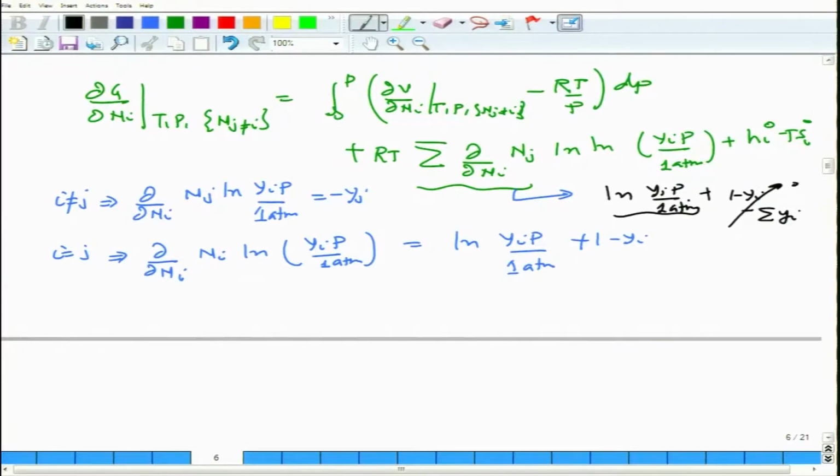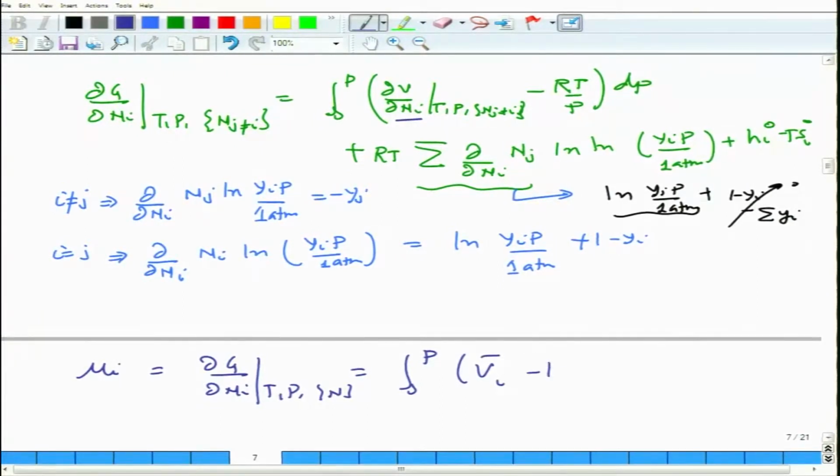So, what remains is this. Thus we have an expression for mu i equal to del G by del Ni at T, P, which is the integral from 0 to P of the partial molar volume minus RT by P dP, plus RT ln YiP by 1 atmosphere, plus Hi0 minus TSi0. So, this is the expression which we got.